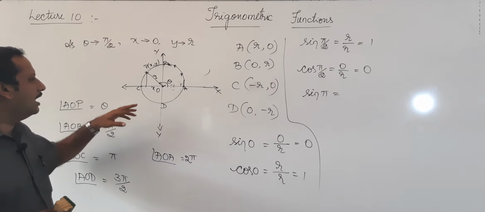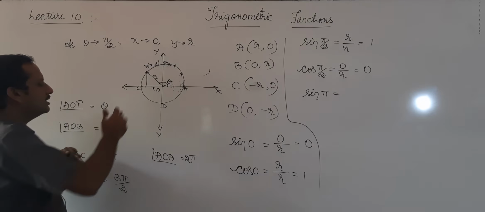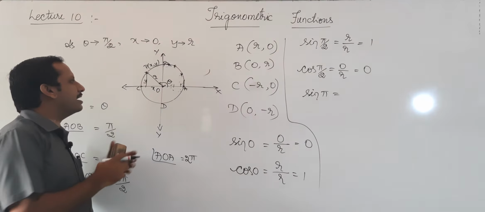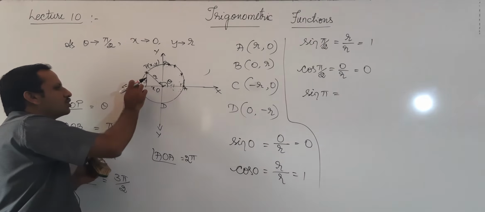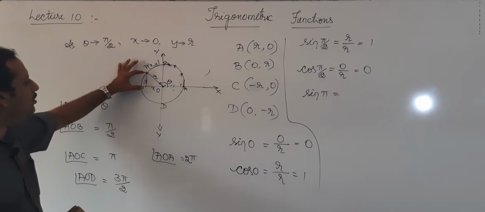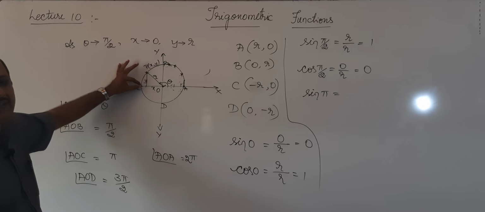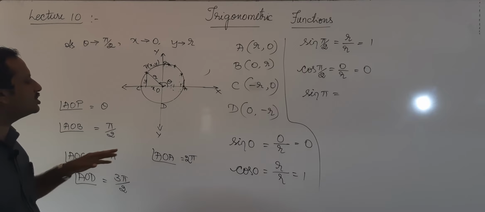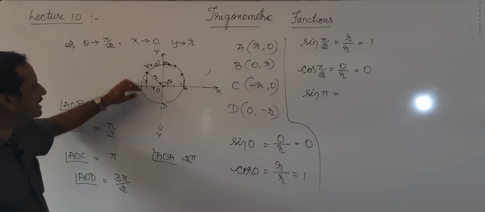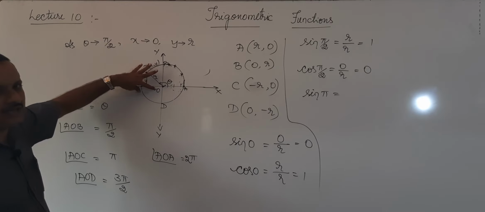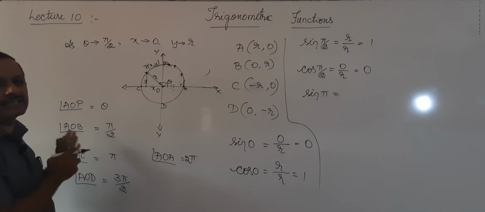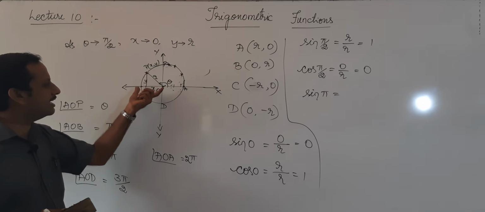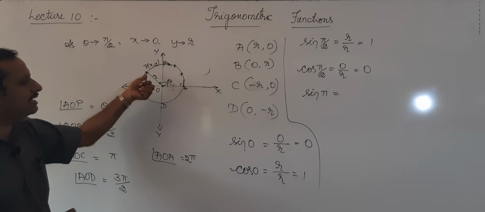As theta tends to pi, as this point P moves towards C, the y value goes on decreasing and y will become 0 when P reaches this point. And what happens to x? x goes on increasing and x will be the same as r, but it is along the negative x-axis, so x will become minus r.